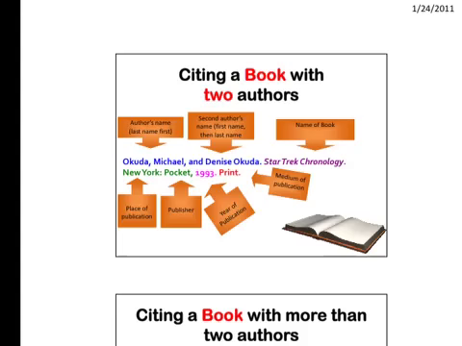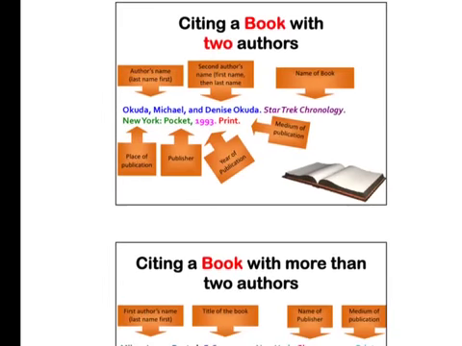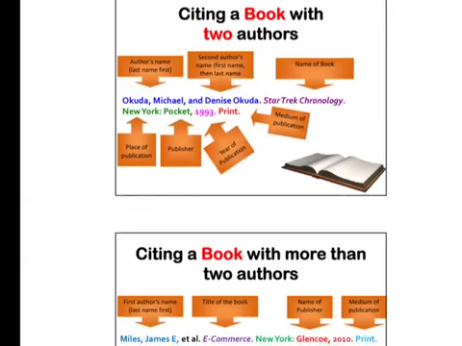When citing a book with two authors, you want to take the first author's last name, comma, first name, comma, and then the second author's first name, then last name. Everything else is the same: the name of the book, italicized, the place of publication, New York, colon, publisher, comma, year of publication, and then print, the medium of publication.